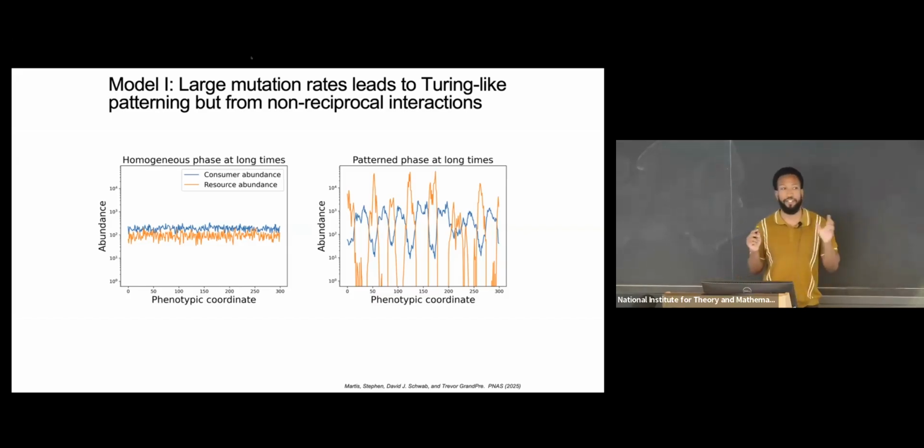I just want to reiterate that this is solely due to the eco-evolutionary interactions. I don't make any phenotypes special or better. There's not really an aspect of fitness here. It's just that this patterning, or inhomogeneity, is happening because of the interactions between ecology and evolution.